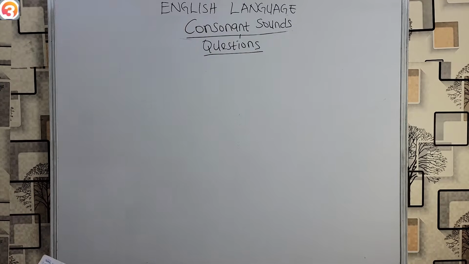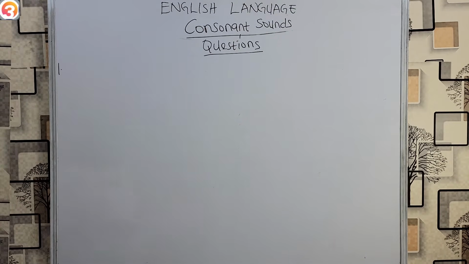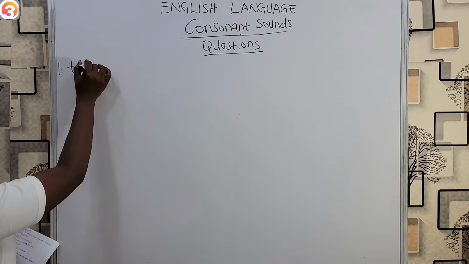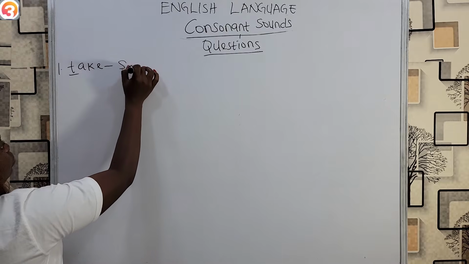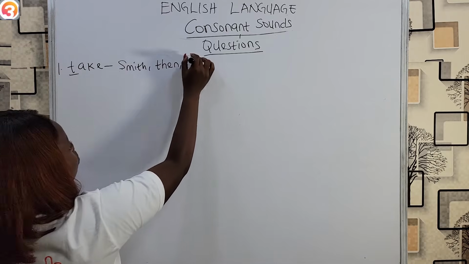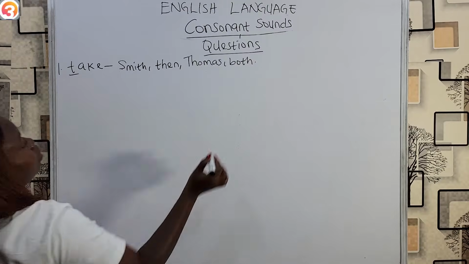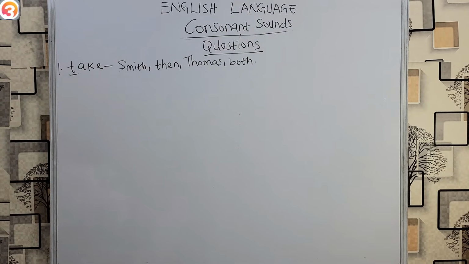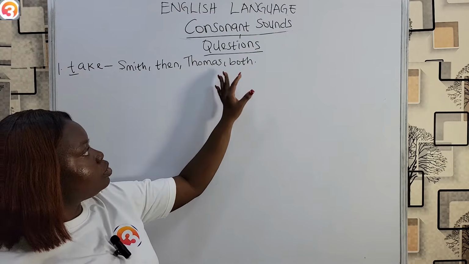First off, we'll choose the word that has the same sound as the underlined letters. So here we have take, the T is underlined. So among the options, we'll look for a word that also contains consonant T. We have Smith, then, Thomas, both.